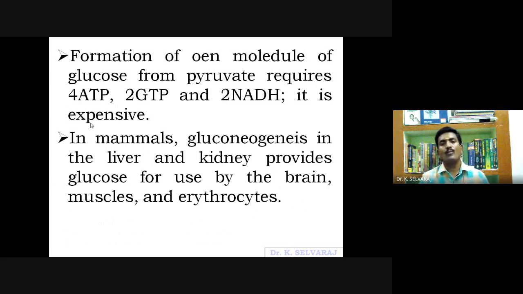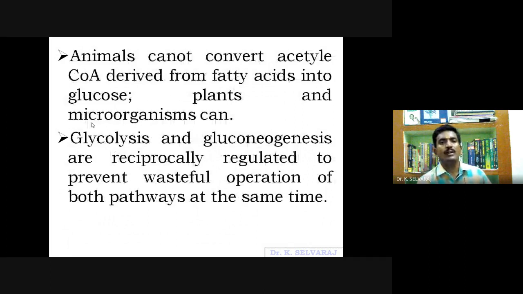Okay, so I hope you have understood gluconeogenesis. Animals cannot convert the acetyl-CoA derived from fatty acids into glucose, whereas plants and microorganisms can. Gluconeogenesis and glycolysis are reciprocally regulated to prevent wasteful operation.